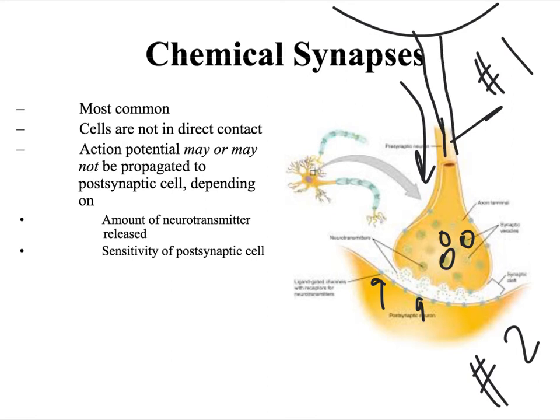The transmission of the action potential is going to trigger calcium ions, which we really haven't talked about, so don't get too hung up on that. But they will enter the synaptic terminal, and that will cause the synaptic vesicles to dock and release the neurotransmitter into the synapse. So remember, there is a synaptic cleft in these chemical synapses.